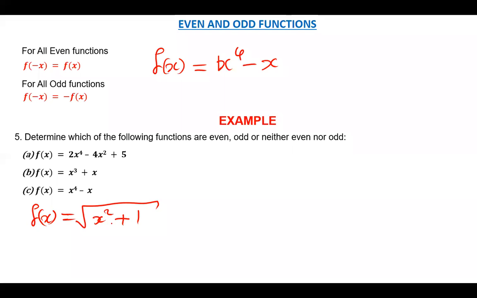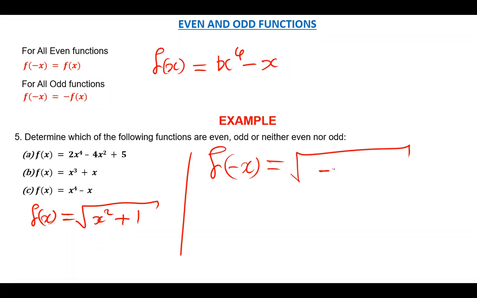No. I think that you didn't just see it clearly. It was a positive. I wrote it as x squared. Even if it had a negative in front, it would still have been an even function. Because when you replace x with negative x, you have something like this. So f of negative x will be the square root of, while there's x there, I'll put negative x, and then this will be negative x squared, and then plus 1.